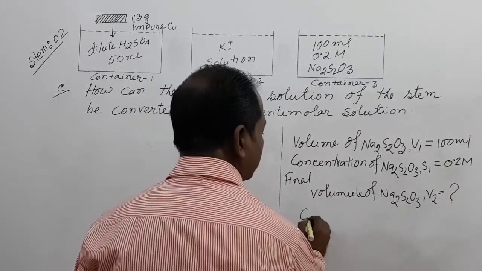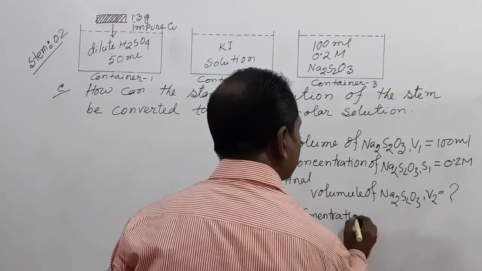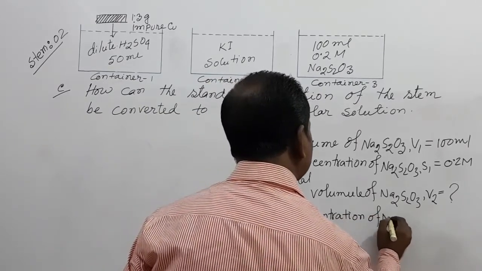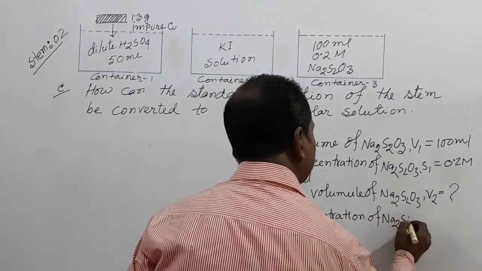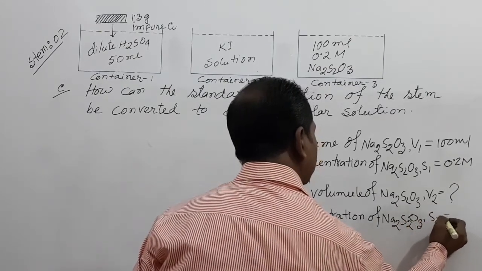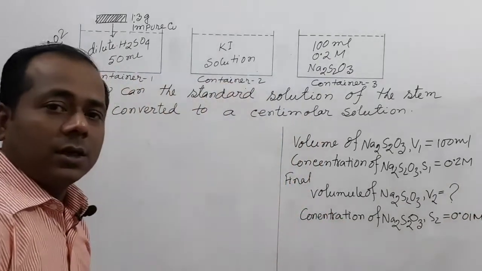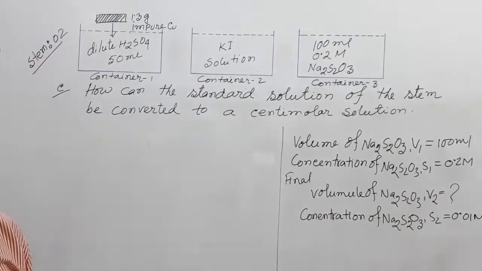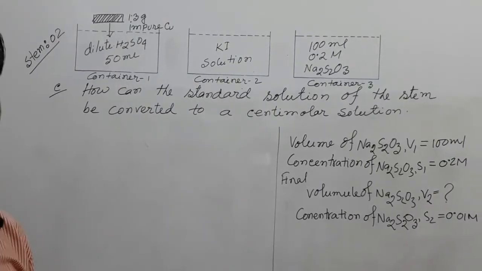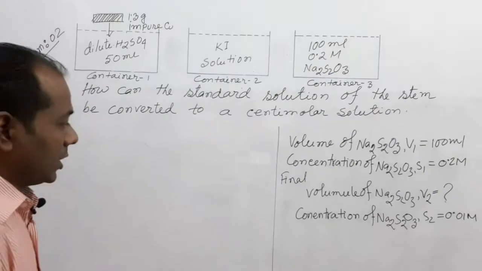And the final concentration of sodium thiosulfate, S2, equals 0.01 molar, because the concentration of centimolar solution is 0.01 molar.